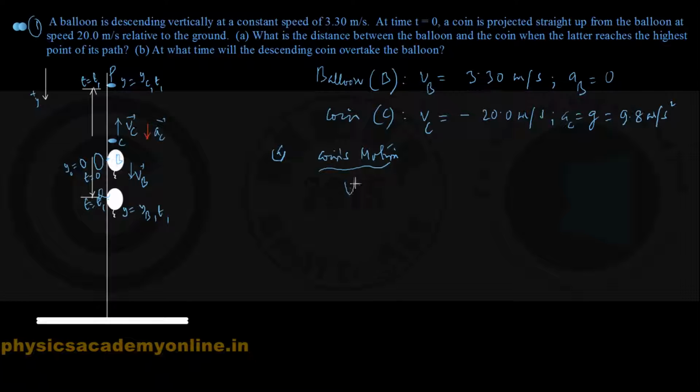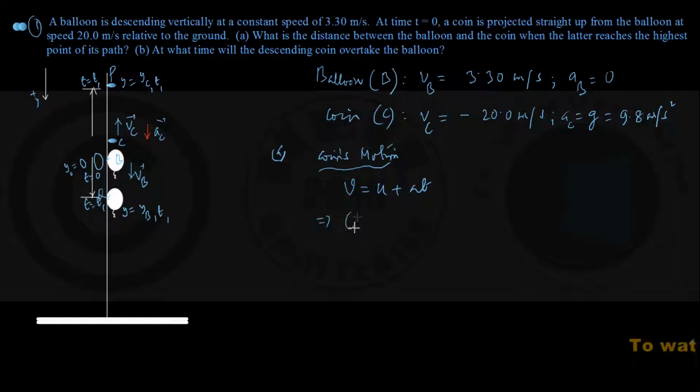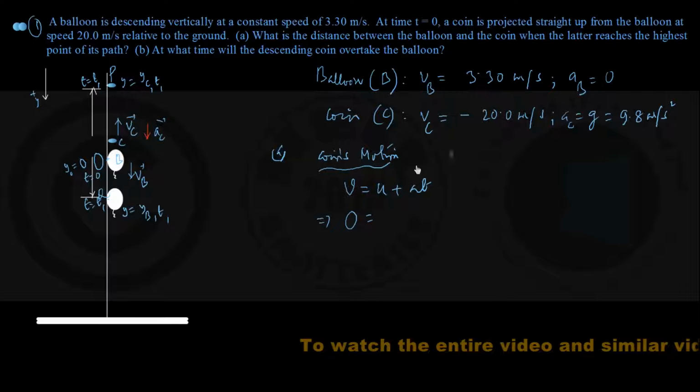We apply this well-known kinematic formula, v equals u plus at. For the upward motion of the coin, final velocity is 0 at this point, isn't it? Therefore, v is coming out to be 0. Initial velocity of the coin at the origin O, that is already written to be minus 20 meters per second.